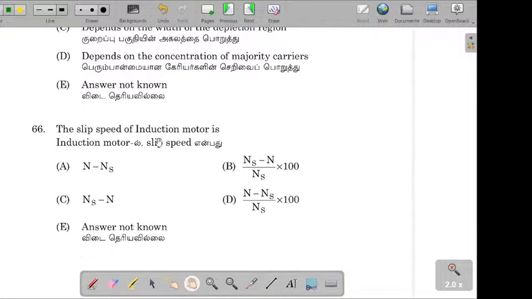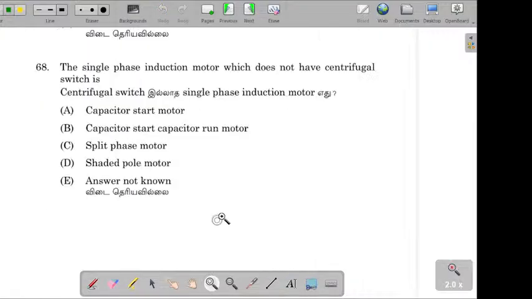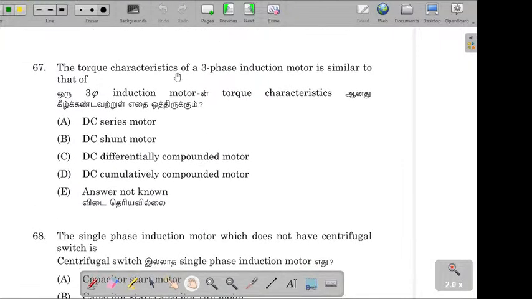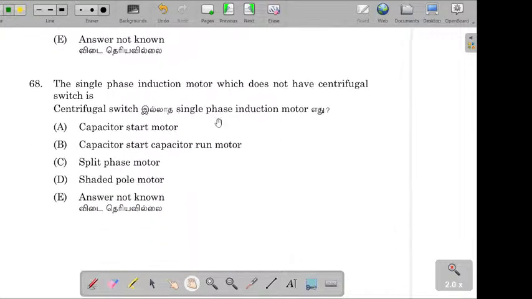The slip speed of induction motor is Ns minus N. The torque characteristics of a three-phase induction motor is similar to that of DC shunt motor. The single-phase induction motor which does not have centrifugal switches is shaded pole motor.